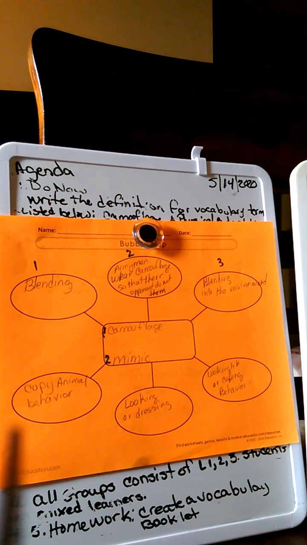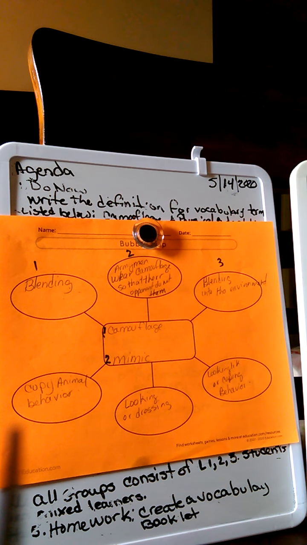Okay? So let's get started on the first word. Our first word is camouflage. Can someone give me an example of camouflage? Okay, give me a copy. Camouflage. It says to blend into the environment. Thank you, LB. He wrote in his bubble, blending.